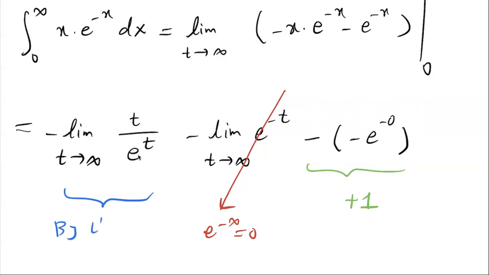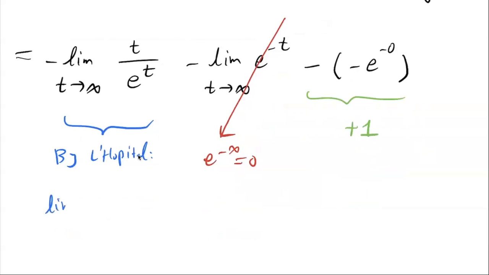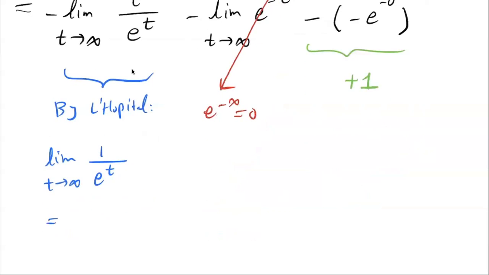We differentiate the top over the bottom: the derivative of t is 1, over the derivative of e to the power t, which is e to the power t, as t goes to infinity. So this will be 1 over infinity, and that's 0.